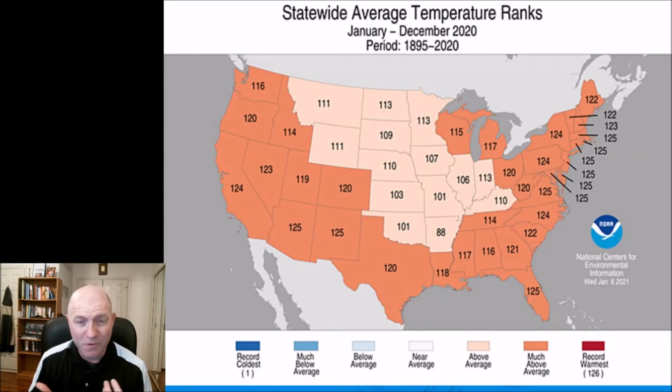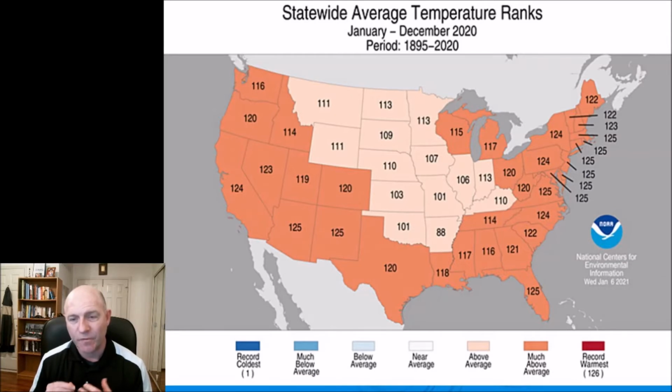There are no blues on this map because 2020 was a very warm year. So all those states you see that are orange were much above average. There was no record warmest year last year, but every state in the union, or at least the contiguous 48 states, was above normal in the year 2020. And in this particular example, the average is the 20th century average from 1901 to 2000.